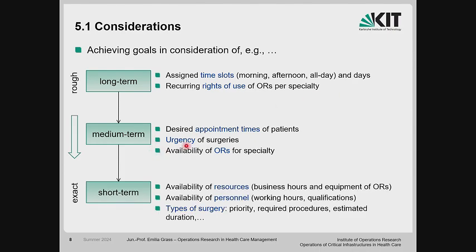Then we have the short-term perspective. On the respective day, we have to consider: do we have enough resources, equipment, staff, and rooms, and what kind of surgery do we have to prioritize?